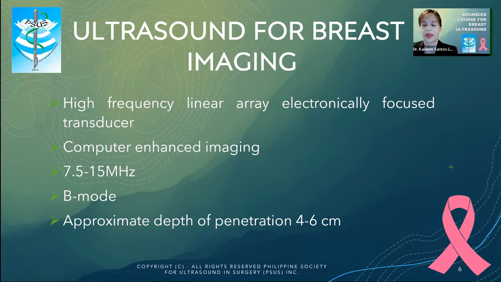So, to use your ultrasound machine for breast imaging, one, use the high frequency, which is 7.5 to 15 megahertz. Two, the linear transducer. Three, switch to B mode. And four, adjust depth to about 4 to 6 centimeters. With this depth, you will see all the different layers.